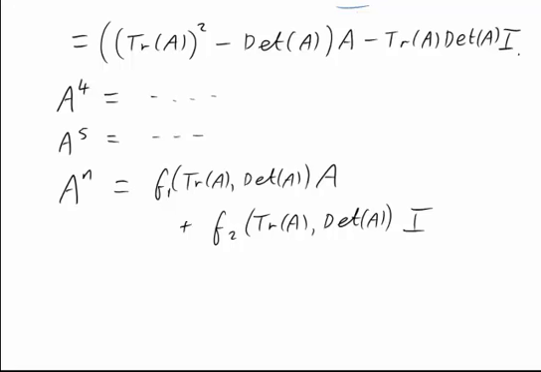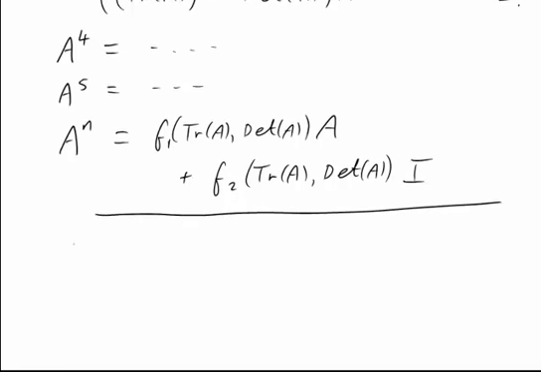In practice, finding the functions f1 and f2 could in principle be quite tedious. However, we have a smart way of doing this when we actually have a matrix and know its eigenvalues. Let me show you how it works in practice. Let's take a, for example, to be 2, -2, -1, 3.